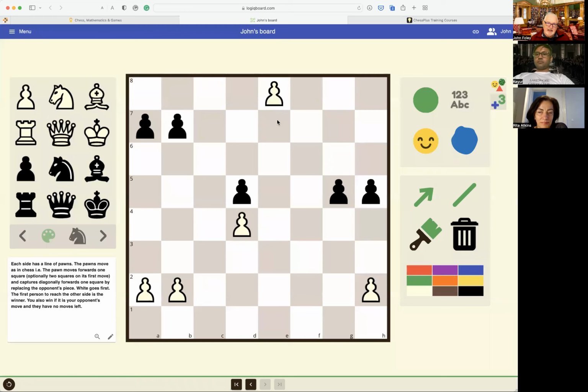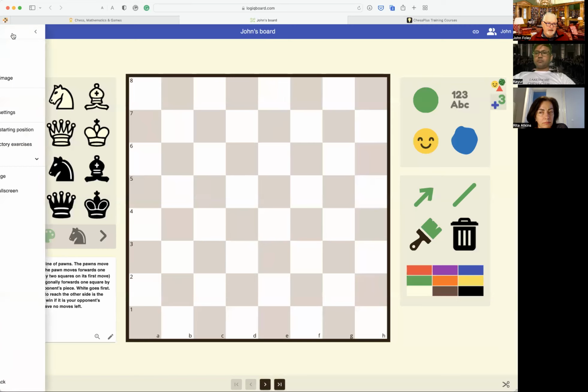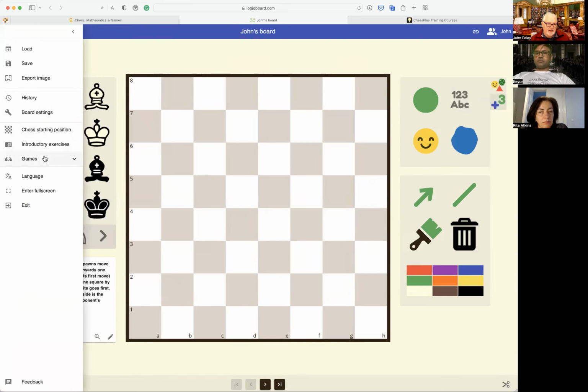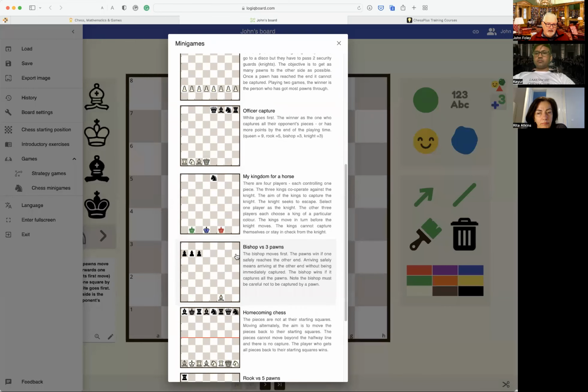That is to say, it's a game based upon the rules of chess, but it's a subset of those rules, or a subset of the pieces. In the pawn game, it is a subset of the pieces that we're looking at. And so these are the familiar games.